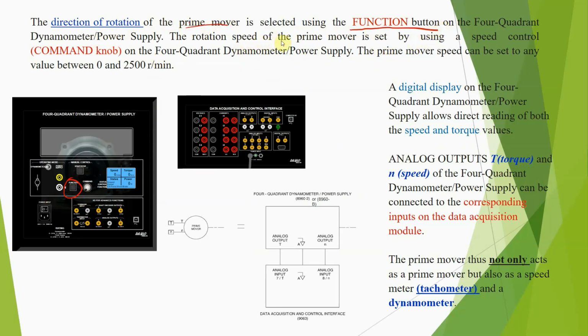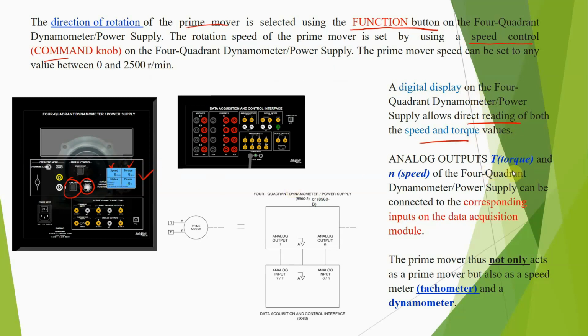The rotation speed of the prime mover is set by using a speed control or the control knob. So where is that control knob? This one. We can set the speed, we can set the torque, right? A digital display on the 4-quadrant dynamometer power supply allows direct reading of both speed and torque. So it will be displayed here. This is the digital display.